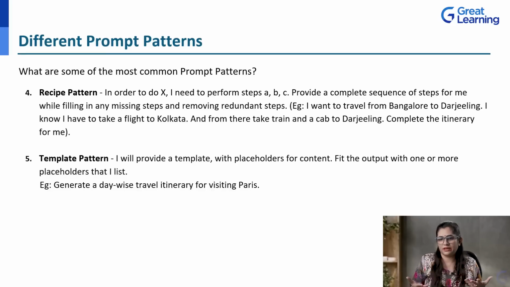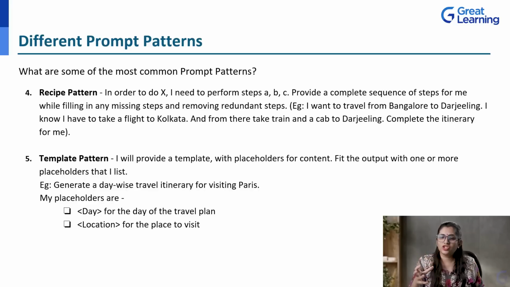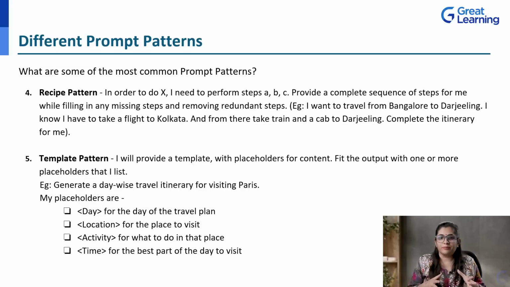If I'm visiting Paris, I tell ChatGPT to generate a day-wise travel itinerary for visiting Paris. My placeholders are: day, for the day of the travel, supposing Monday; location, in Paris, where I'm traveling to; activity, what I plan to do in that location; and time, the best time or best part of the day to go there.